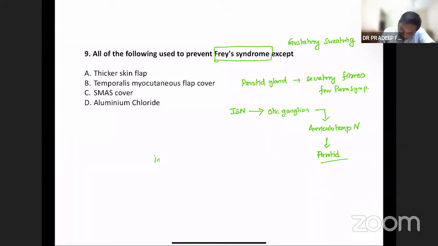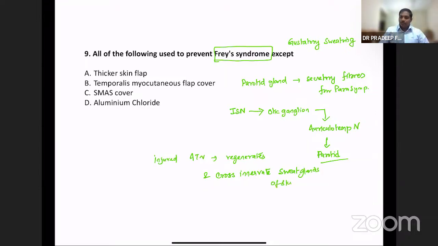So the injured auriculotemporal nerve regenerates and cross-innervates the sweat glands of the skin overlying the parotid.